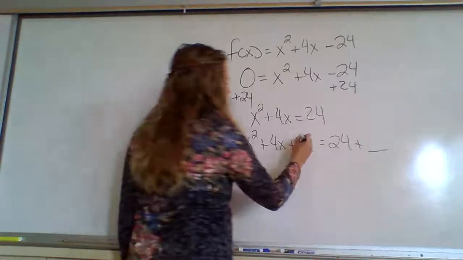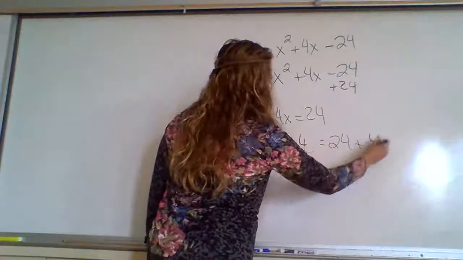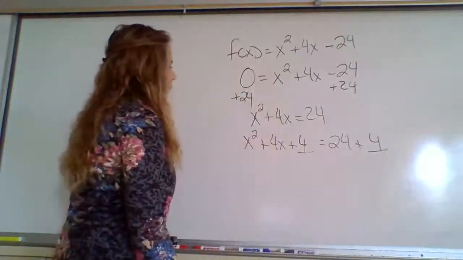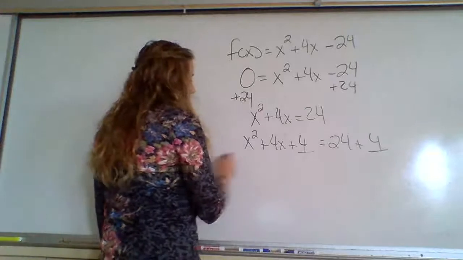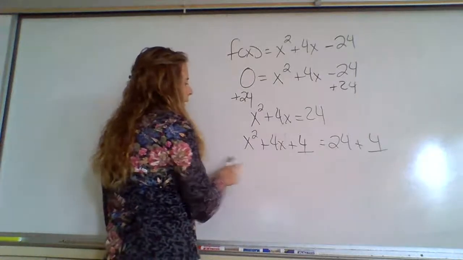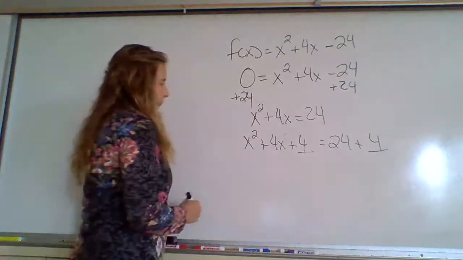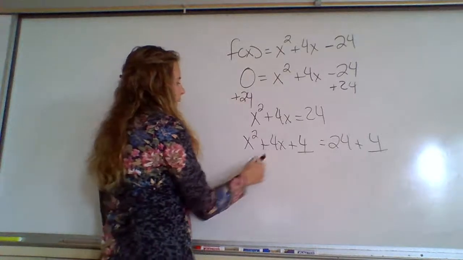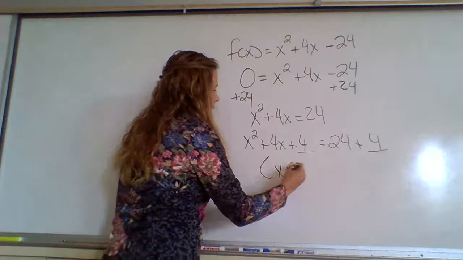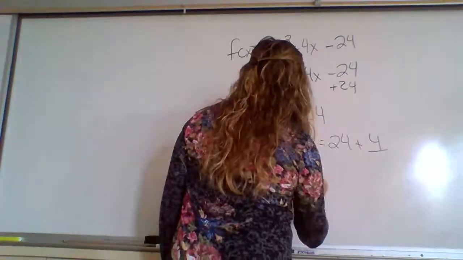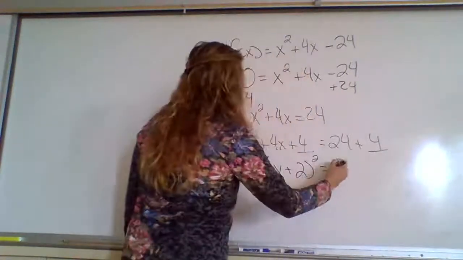Squared is 4. I'm having deja vu. Oh, so they did this. Never mind. It makes sense. So then, on this side, you can write this in its factored form, which we just made a perfect square, so you can just take half of your middle term. So x plus 2 squared equals 28.